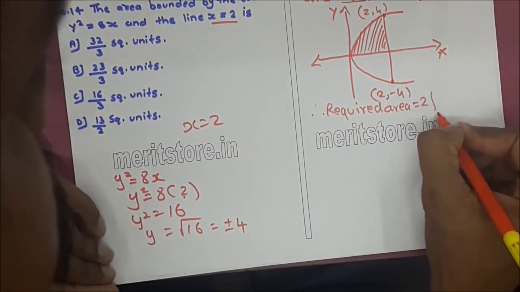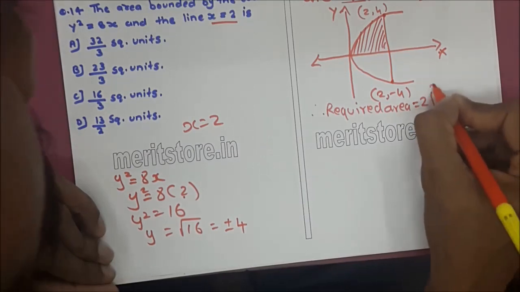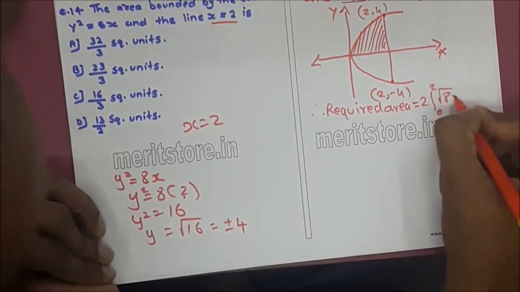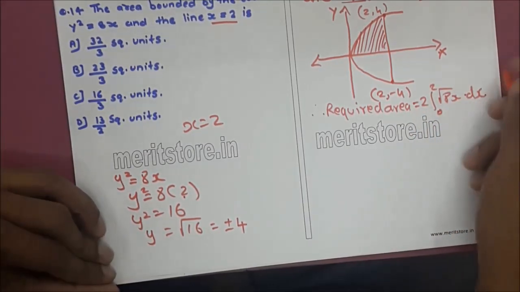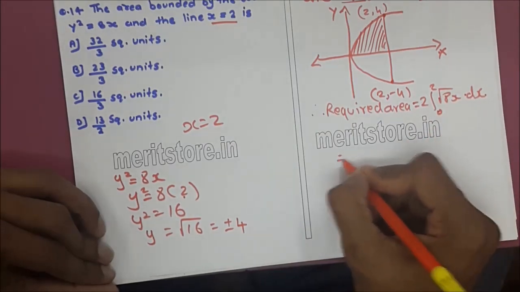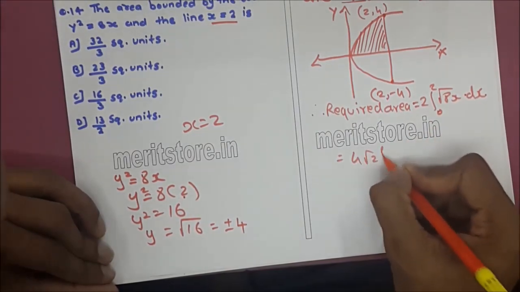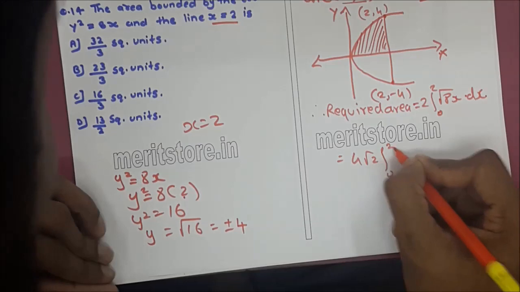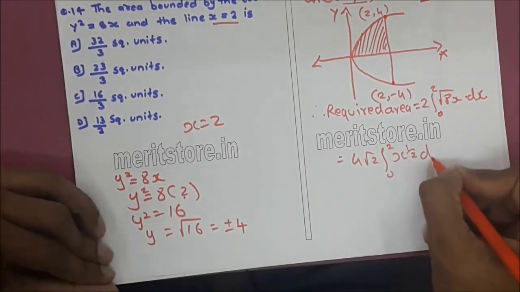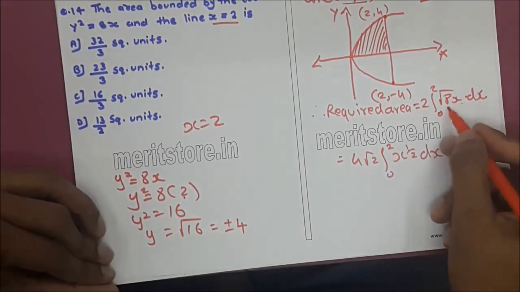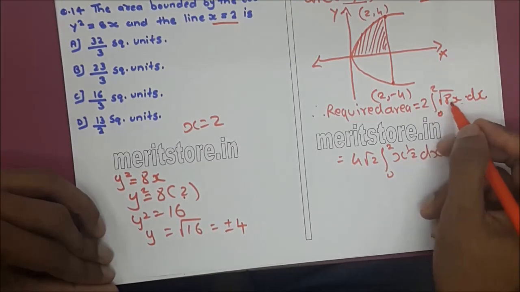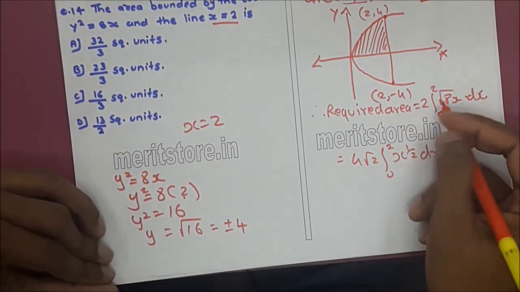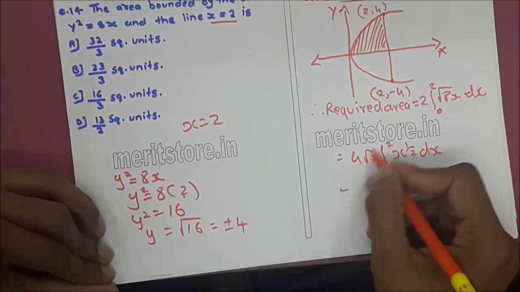that is 2 times the integral from 0 to 2 of root 8 into x dx. We integrate this part. Taking root 8, that is 2 root 2, outside of the integral, we get 2 root 2 times the integral from 0 to 2 of x raised to half dx.